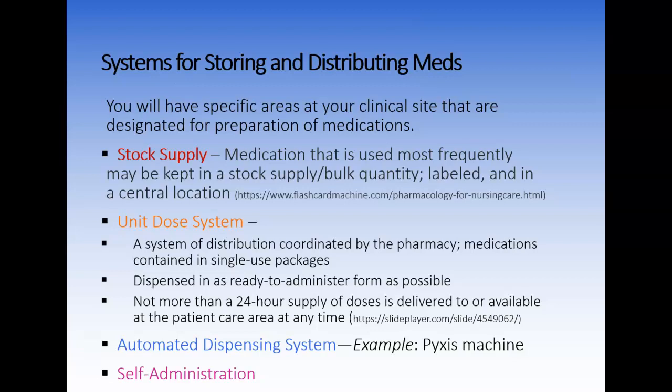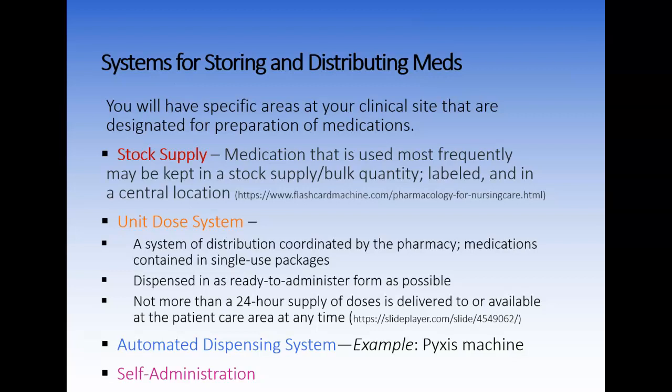And then you have a unit dose system. This is where it's more individually dosed based on the patient's needs. It's a system coordinated by the pharmacy, so everything's supplied in a single-use package, right?